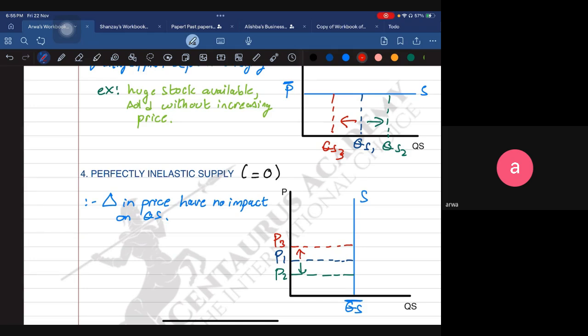Do you get that? Right. So we are going to write the example here: concert halls. Give me an example again. You can relate it with the concert.